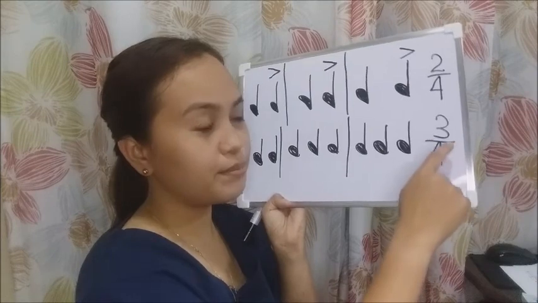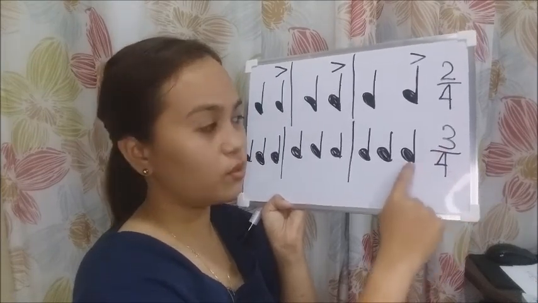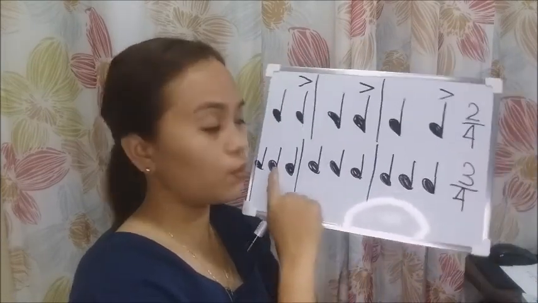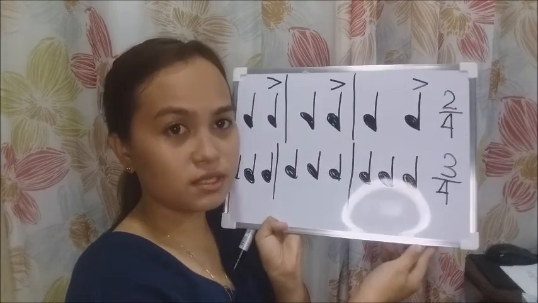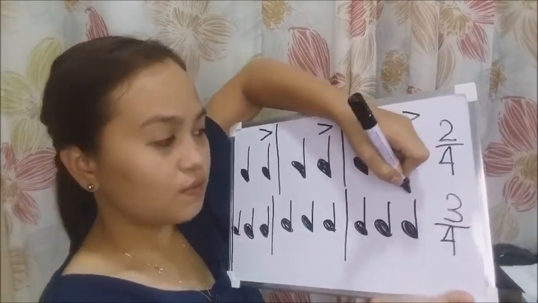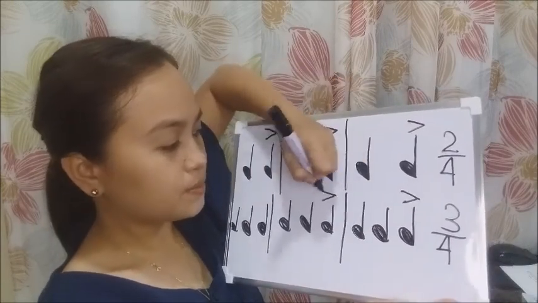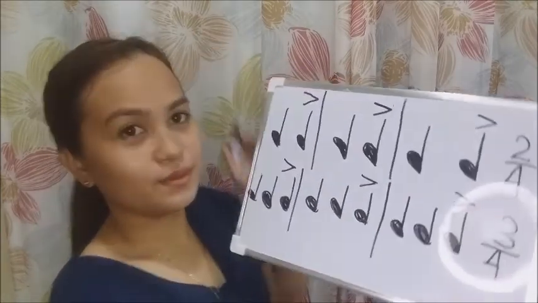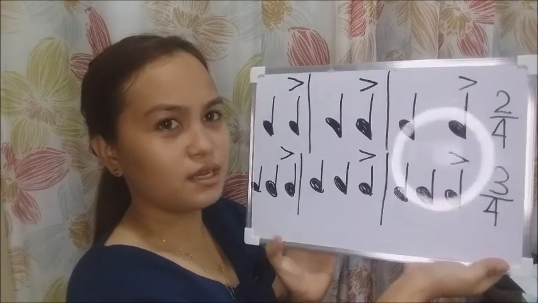Oh, that is a triple meter. We have a triple meter, the 3/4. 1 2 3 1 2 3. Let's put the accented beat on the first note in the first measure. It is always at the beginning of the measure.